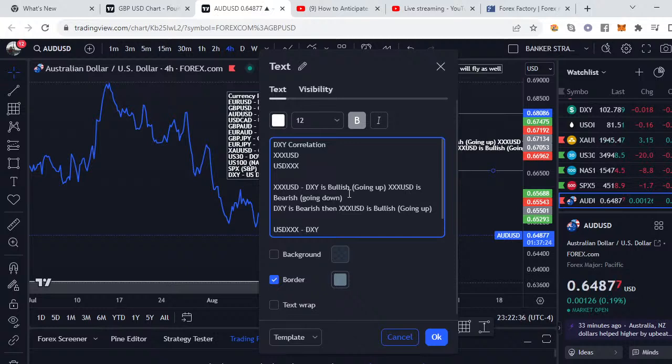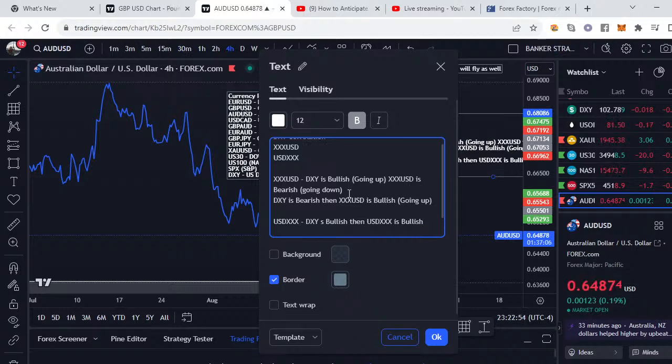If DXY is bullish, then USD XXX is bullish. If DXY is bearish, then USD XXX is bearish.